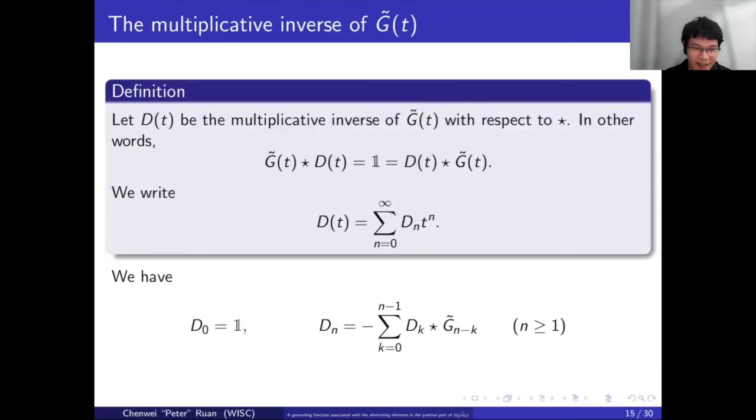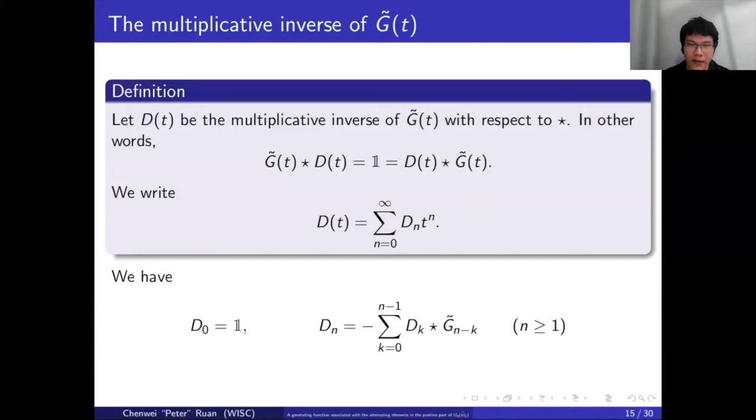First, we define the multiplicative inverse of G tilde of t to be D of t. So D of t is this inverse, and in our words, we have G tilde of t star D of t is 1, and D of t star G tilde of t is 1.